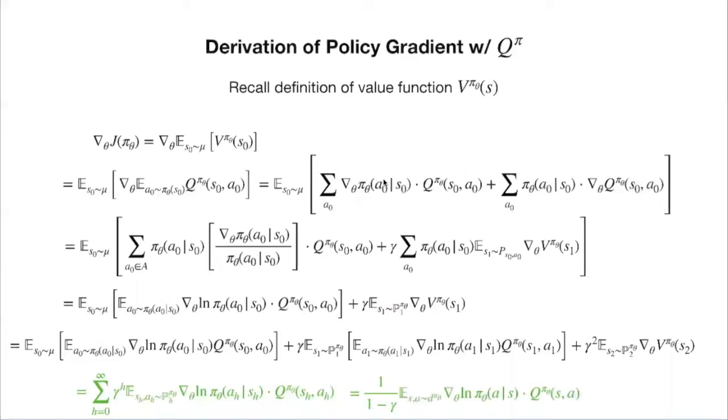And now, using the average state action distribution, we can write it in an even more succinct way. Basically, we're just looking at the state action pairs generated from our current policy's distribution, and we take the gradient of the log likelihood of the current SA pair, and we scale it by the corresponding Q value.